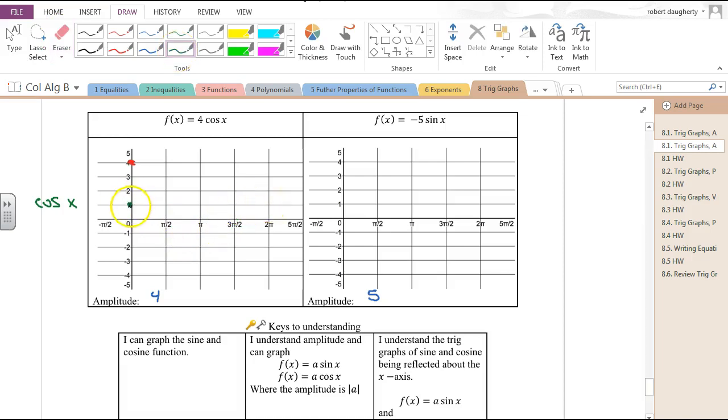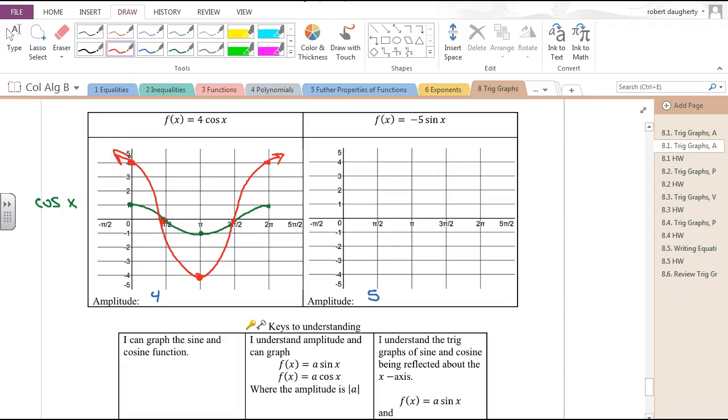It starts at 1, it ends at 1, halfway in between is -1, 0, and 0. If I multiply by 4, it starts here, this stays at 0. What's -1 times 4? Yeah, -4. 0 times 4 and 1 times 4 is here. So this function is something like this. So that's 4 times the cosine of x.